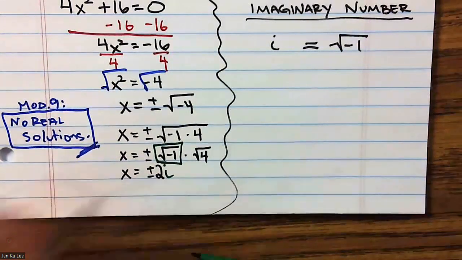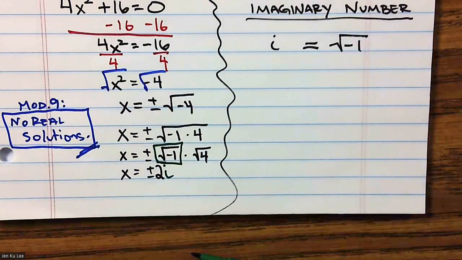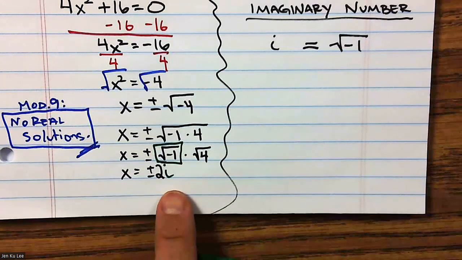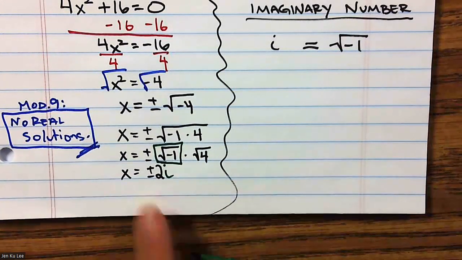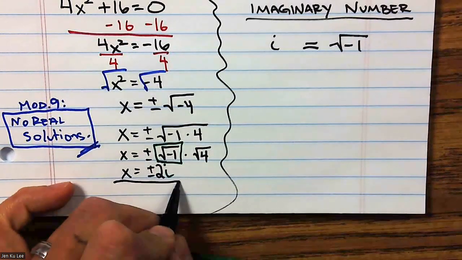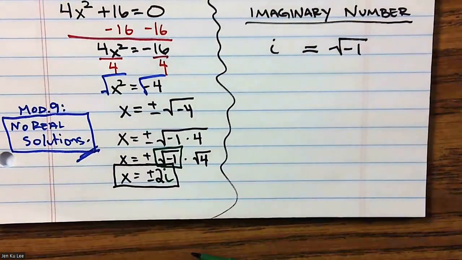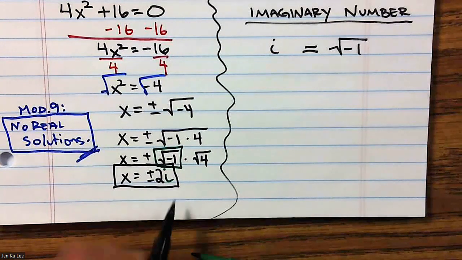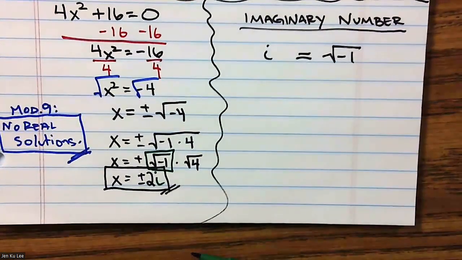So I'm going to make it 2i. Easy enough. Whenever you see a negative number in the square root, just take out the negative and put an i on it. All right?